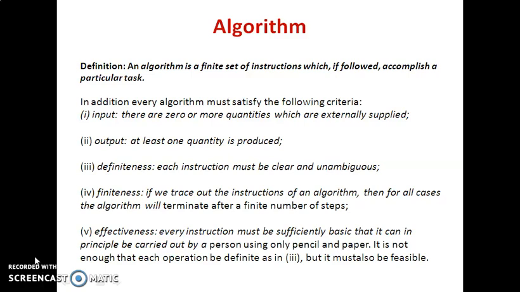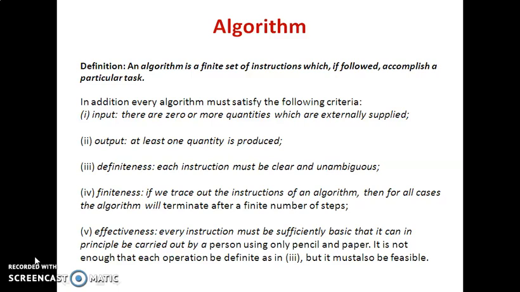Right. Finiteness. If we trace out the instructions of an algorithm, then for all cases the algorithm will terminate after a finite number of steps. So finiteness is nothing but this: suppose I write an algorithm, that algorithm should have a finite number of steps. But if we say write an algorithm and it goes on for 1000 steps, 1000 lines, 2000 lines, 3000 lines, that is a waste.